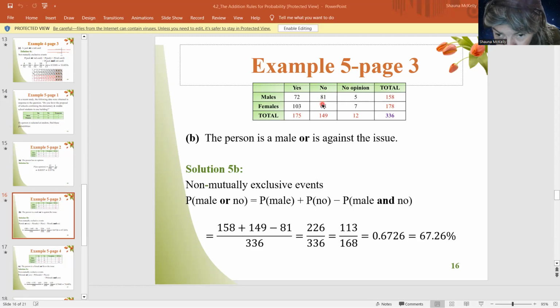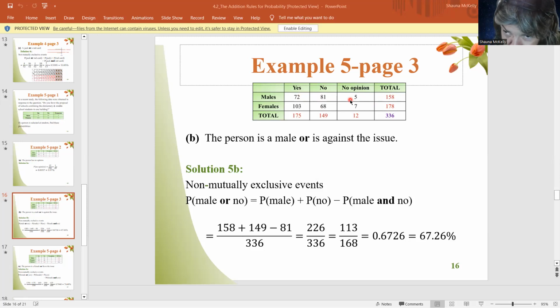Well, in this case, those events overlap. Why? Because the males are going to include the males who said yes, the males who said no, and the males who have no opinion. And the people who are against the issue are going to include both male and female. So we have to take the 158 males, which is these three sections, 72, 81, and 5.